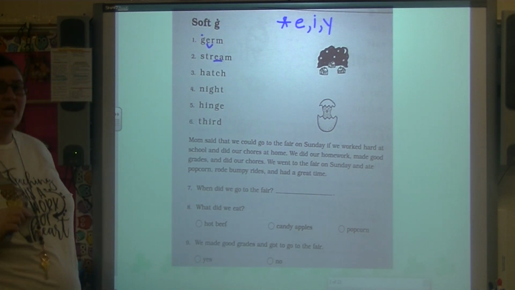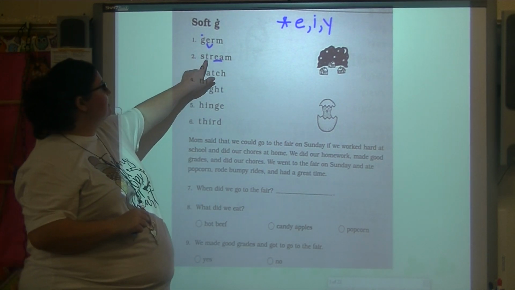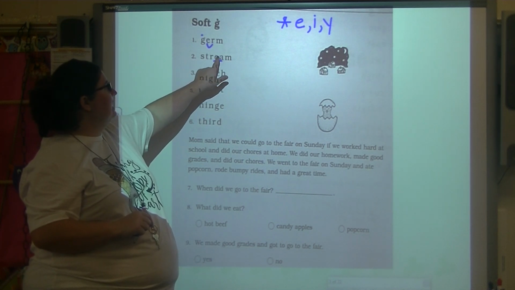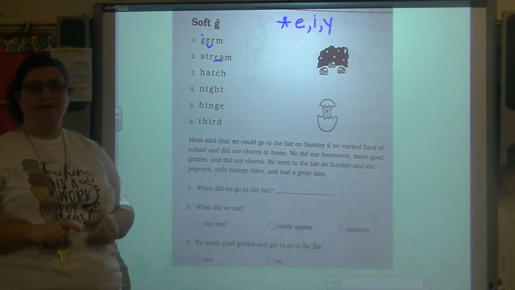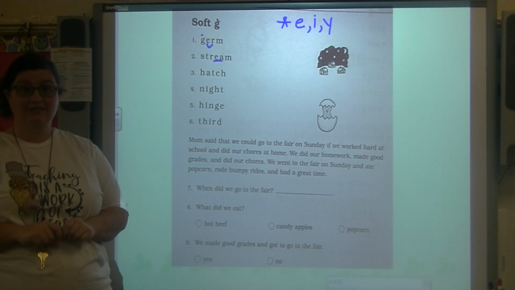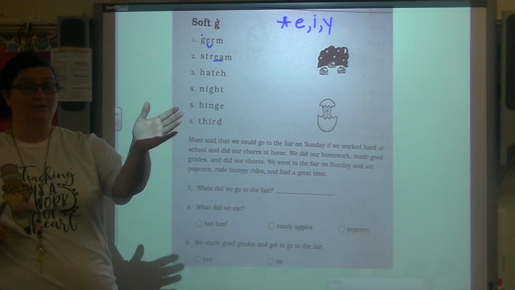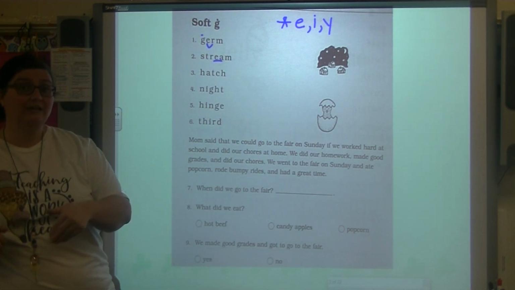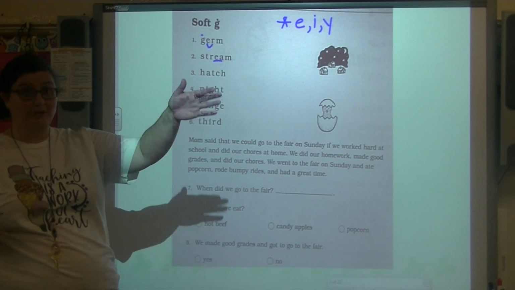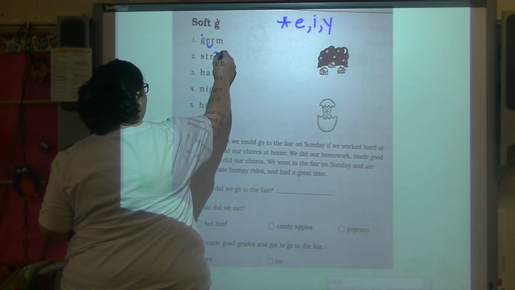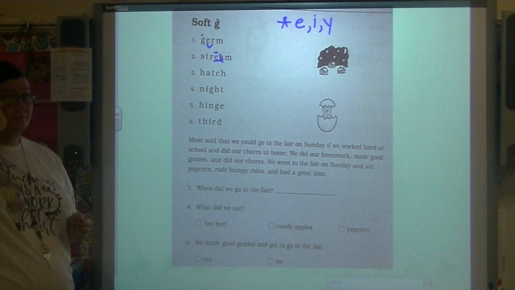All right, we're going to start with the long E first. Stream. Does that make sense? Yes. Like a stream or small creek. Or it could be like to stream a movie or watch a movie. That's a long E. A does the walking.